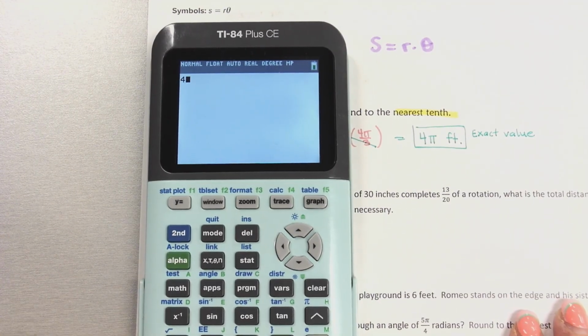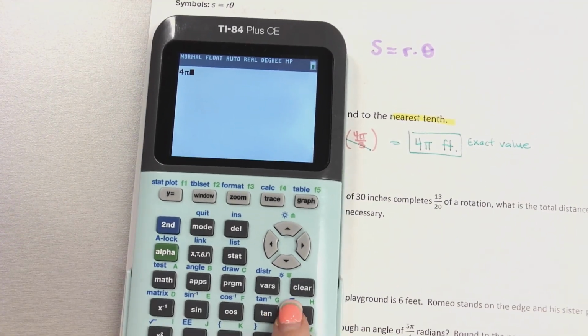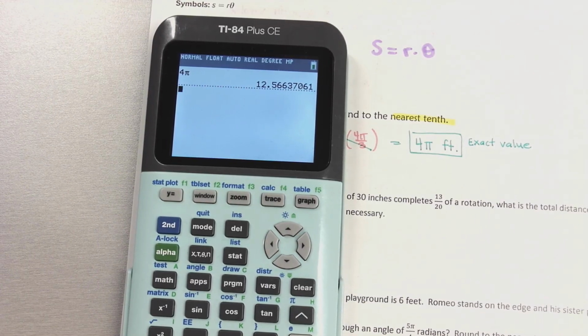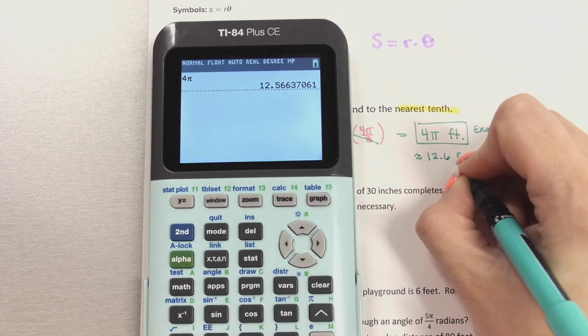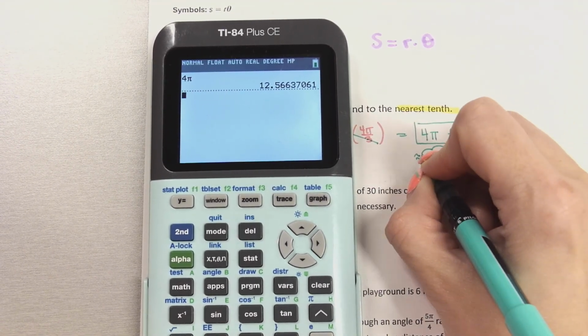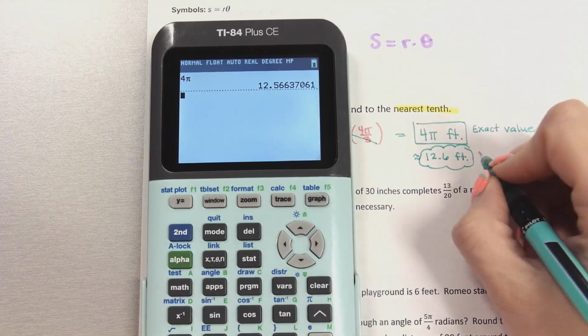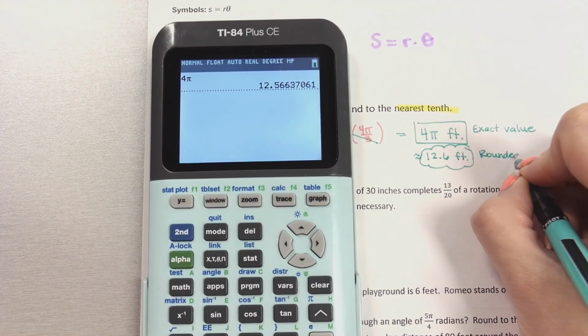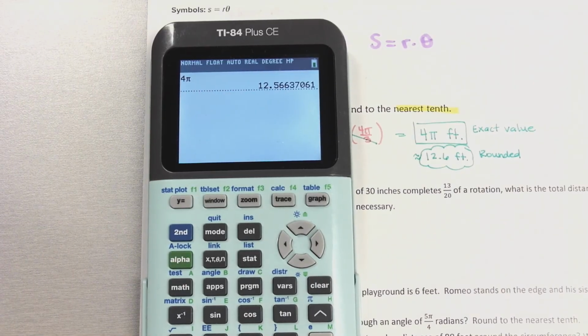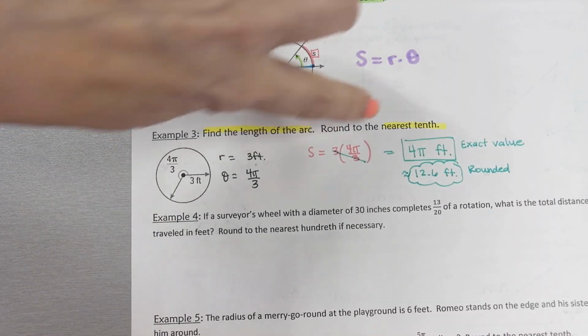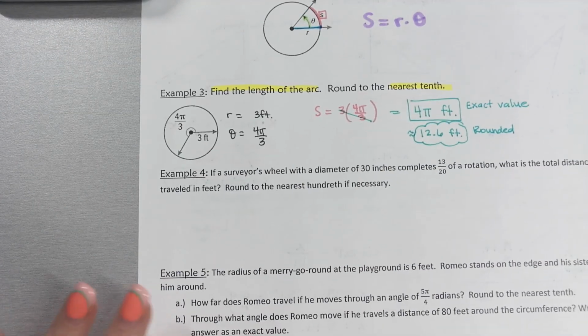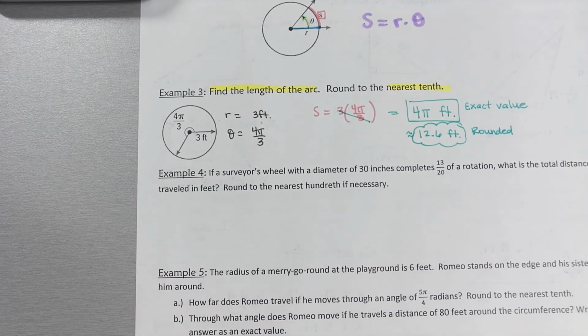So it's going to be 4, and then your pi button is right here above the little caret button. That is approximately 12.6 feet. So if they ask you for an exact value, you're going to have pi in it. If they ask you for the rounded value, 12.6. And then we are going to include our units for our story problems.